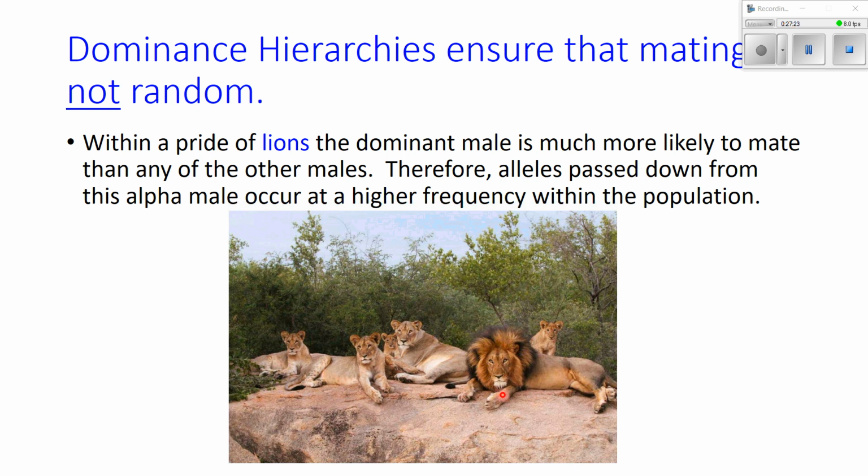Only the one most dominant, and he's not shy about showing that he's the dominant male, only he is getting to mate as far as the male portion of the population. So that's a dominance hierarchy. There's a clearly established sort of pecking order of who's in charge, who's getting mating privileges, and who is not.